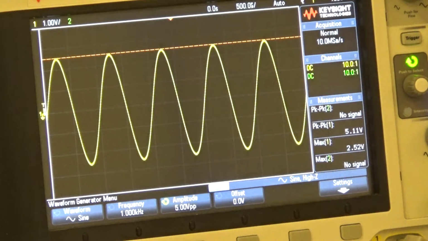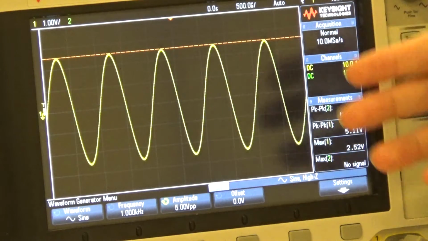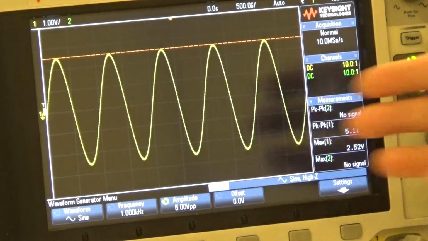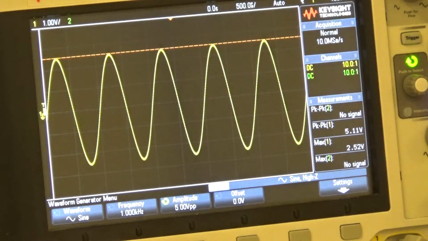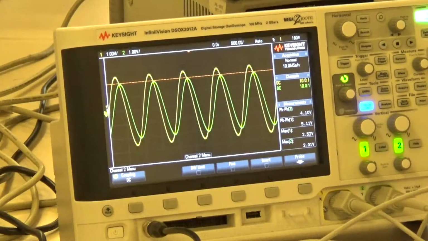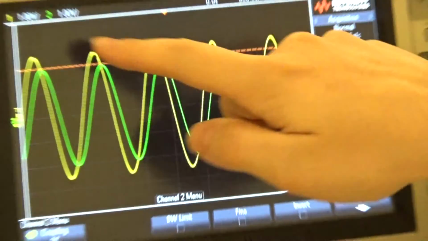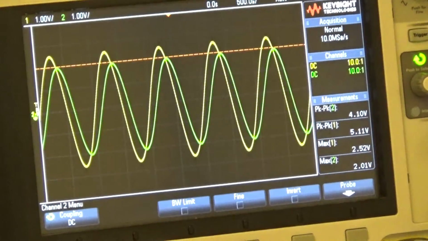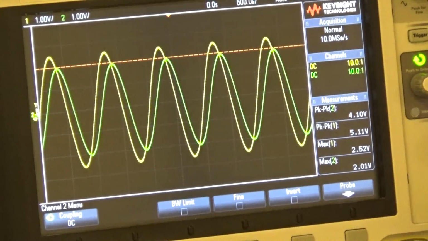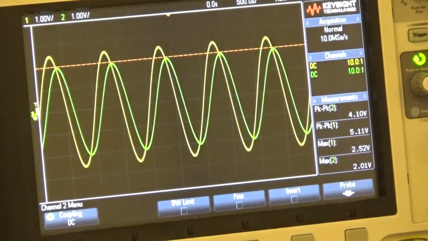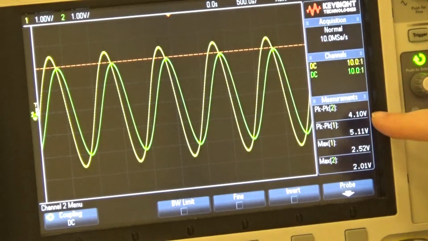So it's correct, and I cannot see the output right now because I have not opened the second channel. So I clicked on the second channel, and their divisions are 1 and 1. This way we can see their amplitudes. And the peak to peak of the second channel, the output, is 4.1 volts.